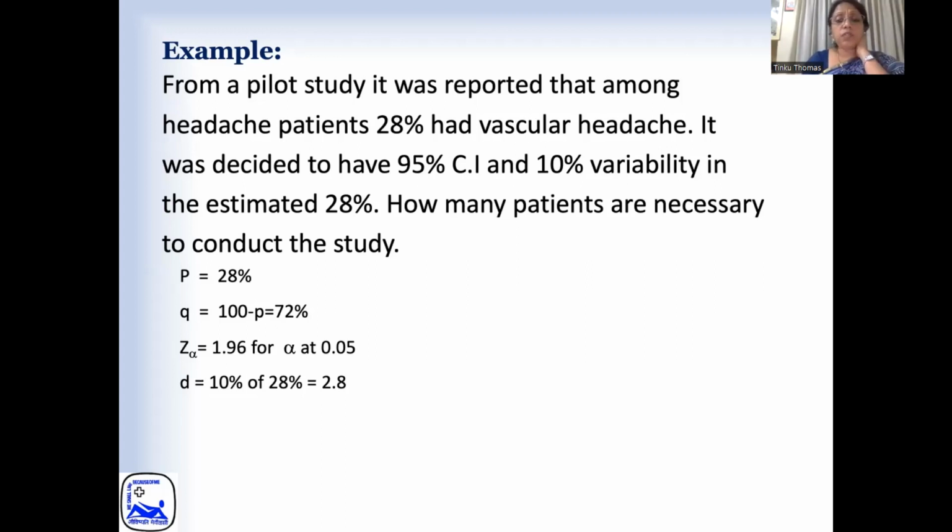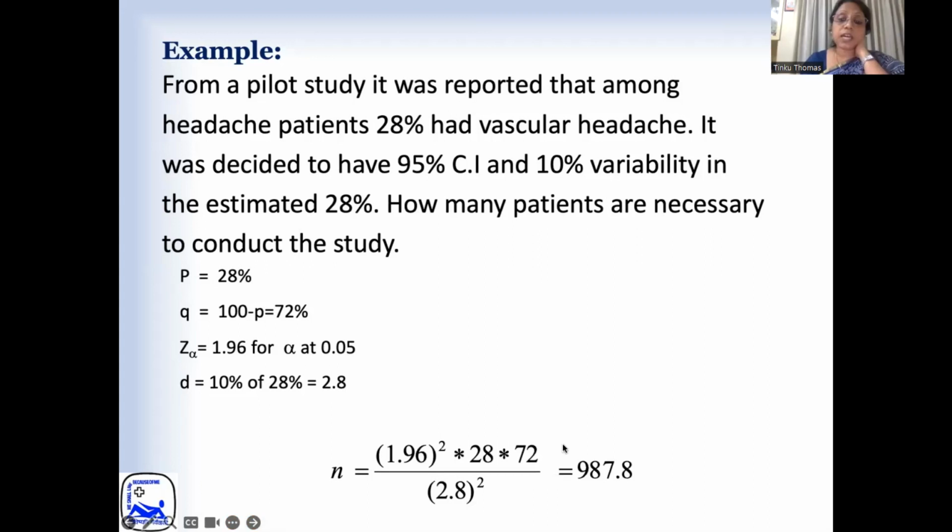Now, if I use all of this in the formula, I get a sample size of 988, which means that I need to study 988 people with headache to have an estimate of 28% of people having vascular headache with a reasonable precision. Okay, so this is the sample size calculation for a single proportion.